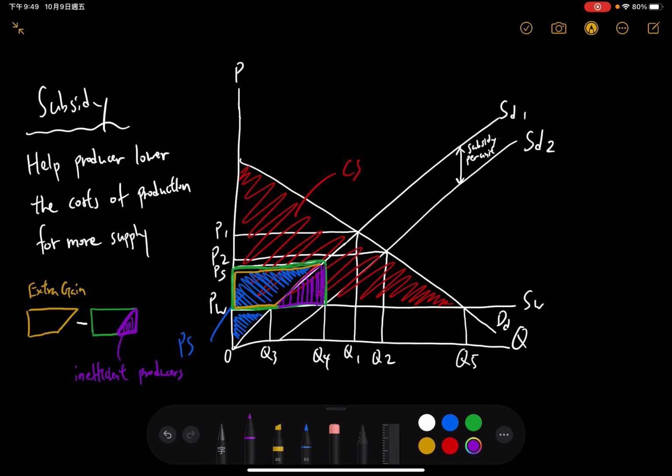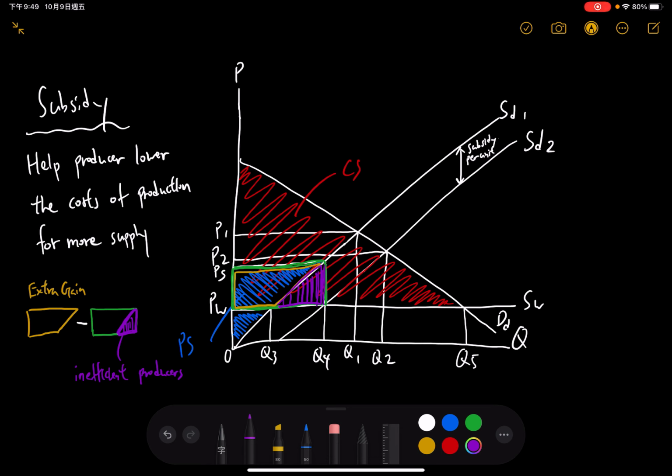So compared to the two other trade protection, you will not find the right triangle on the right hand side. That's why some economists would prefer using subsidy, because there is less deadweight loss to the society, which is good because it's less inefficient. All right, this makes sense.